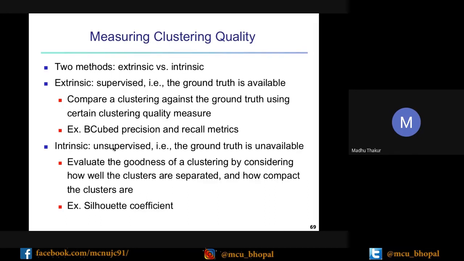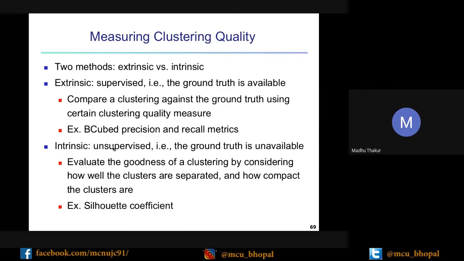The extrinsic is based on supervised learning, and compares a clustering against the ground truth using certain clustering quality measures. That is the precision, recall, and F measures, used when you are finding which one is a good cluster. So we'll calculate the precision, recall, and F measures.